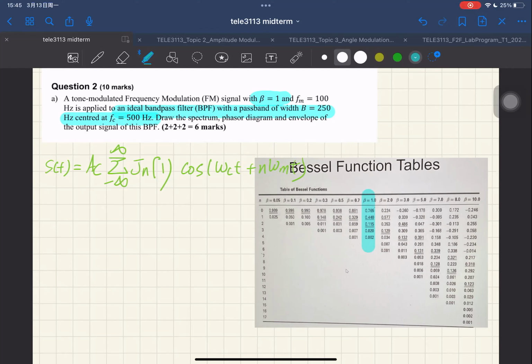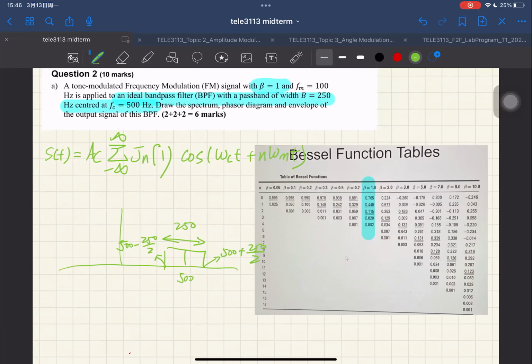The filter is centered at 500 with bandwidth 250, so the length of this width is 250. This is going to be 500 plus 250 over 2, and this is going to be 500 minus 250 over 2. So this is going to be your bandpass filter.